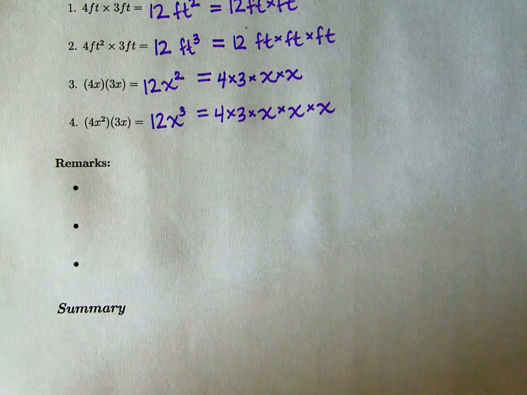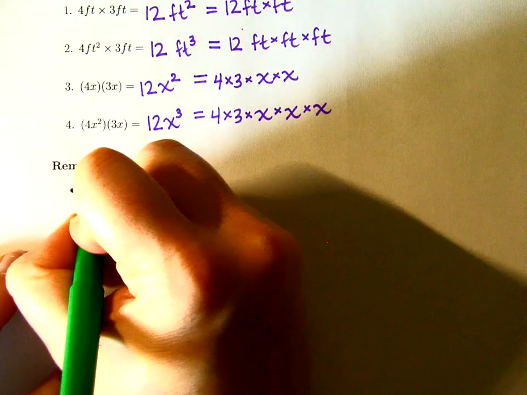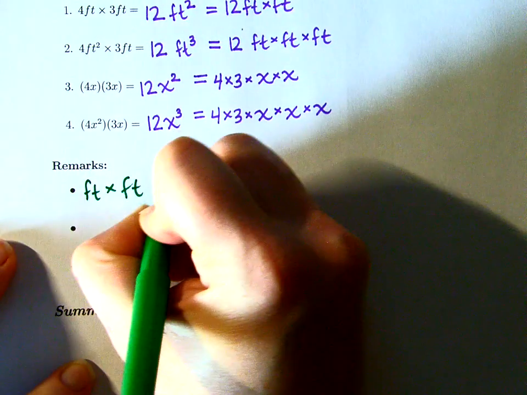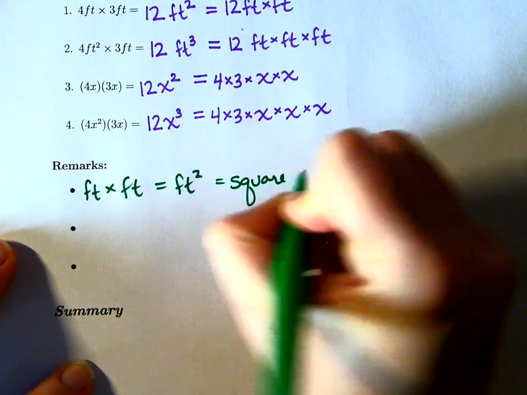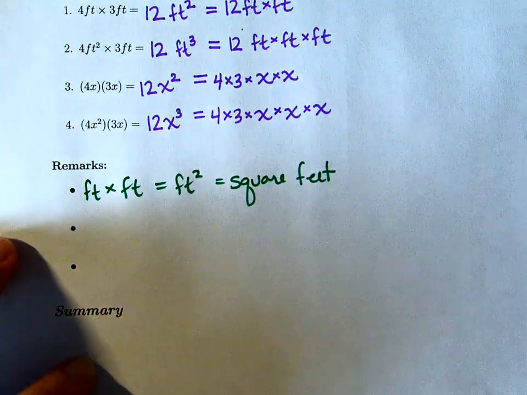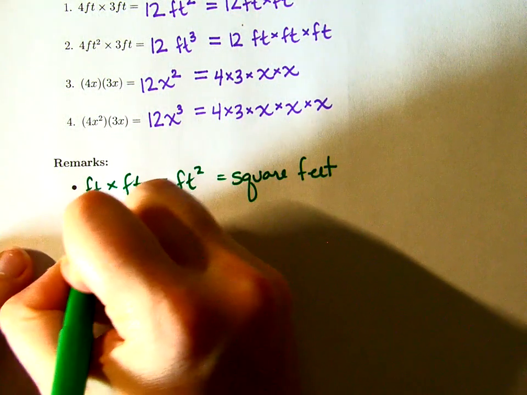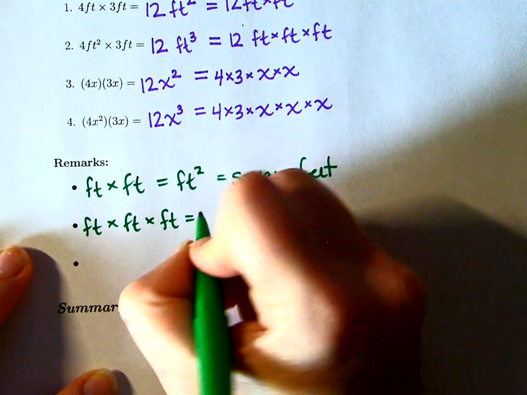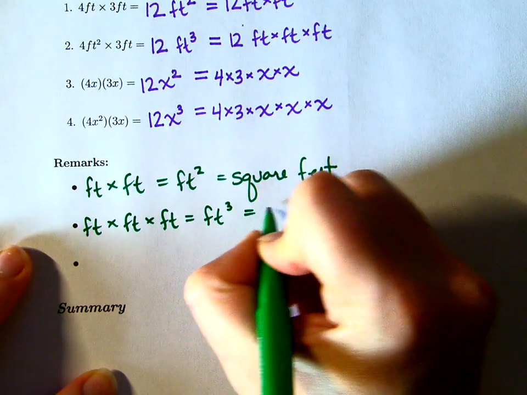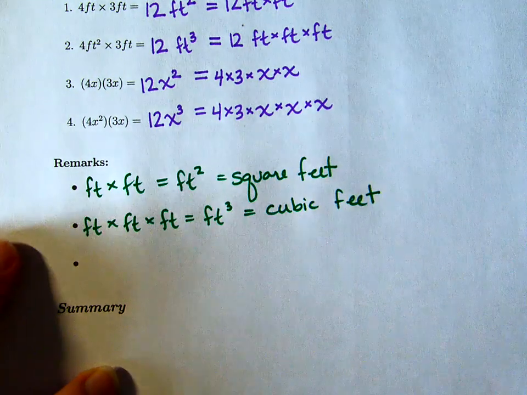Okay. Now, I want you to notice that feet by feet is square feet, having to do with area. And feet by feet by feet, that's feet cubed, cubic feet, having to do with volume.